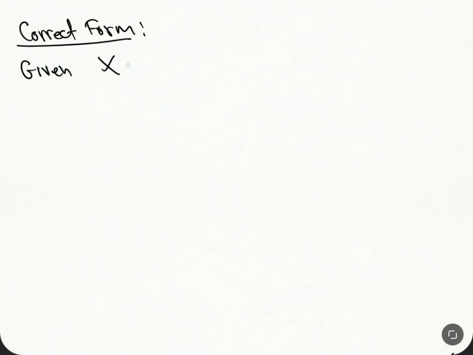So now let's state the correct form of the section injection. Given X to Y, a morphism of schemes, let's say over a field K, what do we get?